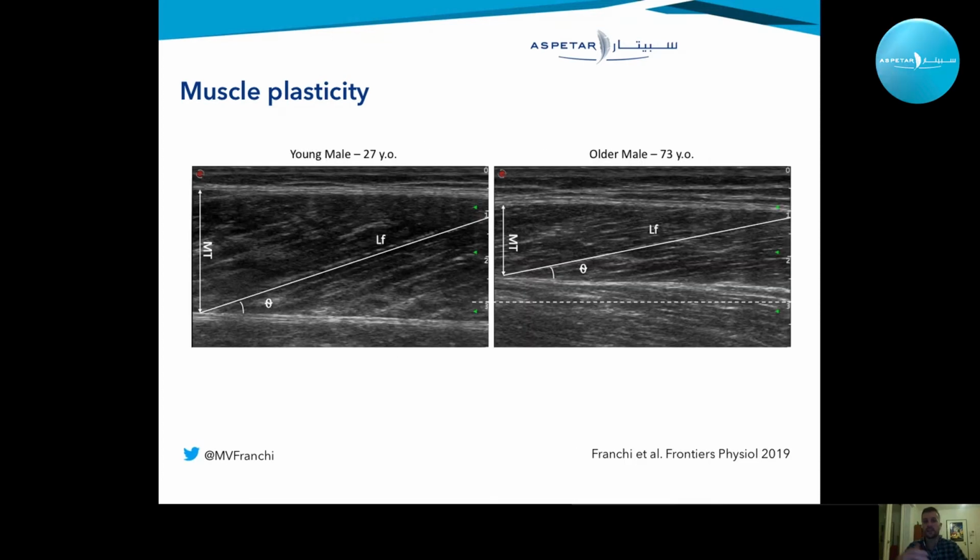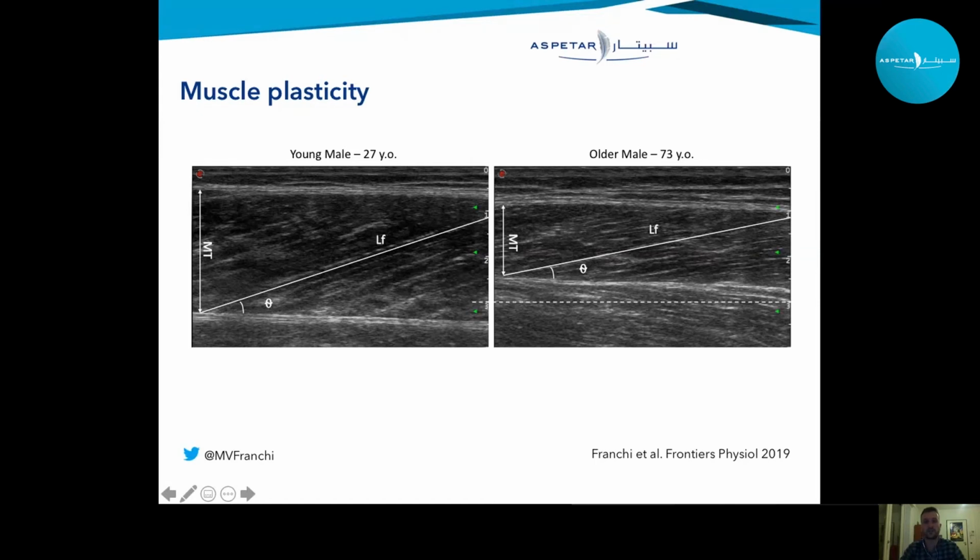And something that you can appreciate talking about muscle architecture across lifespan: you can see that in a young male, a 27-year-old, pennation angle is quite bigger compared to an older male, 73 years old. Of course, muscle thickness, so the size of a muscle, the dimension of a muscle, is bigger in a younger person.